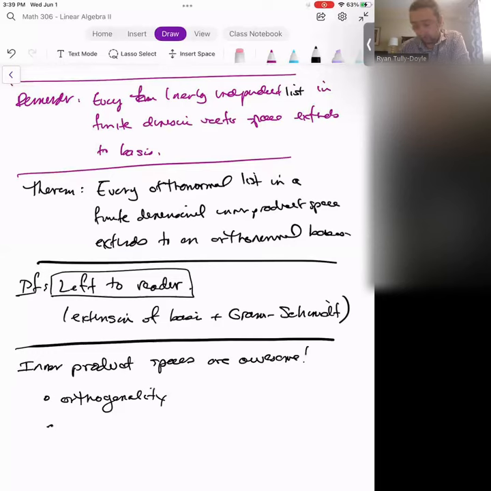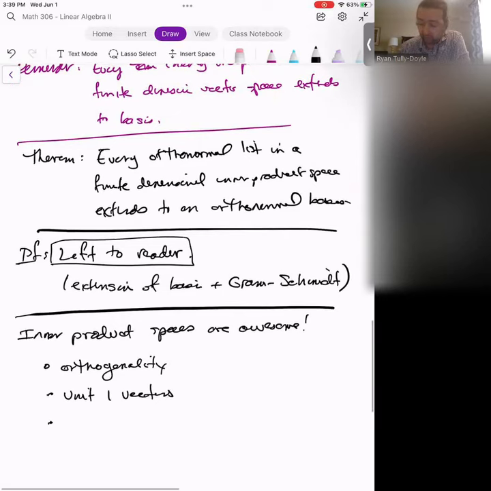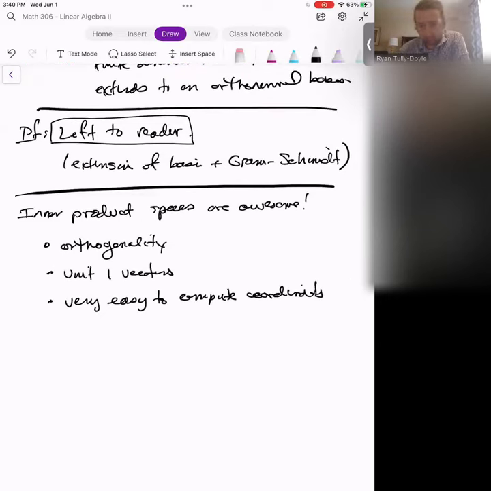You have a notion of unit vectors. You have very easy to compute coordinates, so linear combinations are very easy to compute. You have the existence of the Gram-Schmidt process, so you can always assume that you're working with a very nice basis. So yeah, inner product spaces have all this wonderful structure that you can use to do all kinds of things.